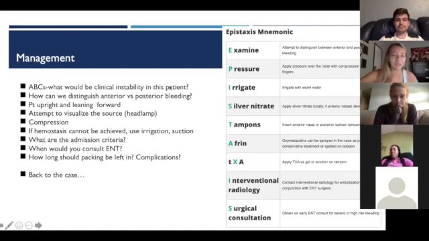So the first thing that it talked about in looking at your patient is determining if they're clinically stable. And y'all talked about this a little bit earlier. So what are things that would help you determine if this patient is clinically stable or unstable?